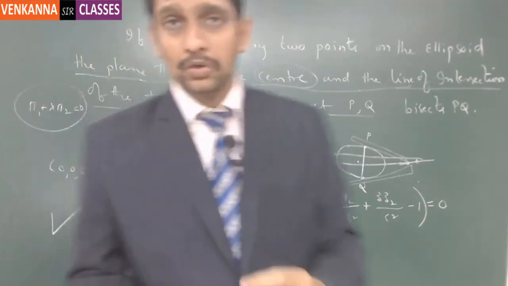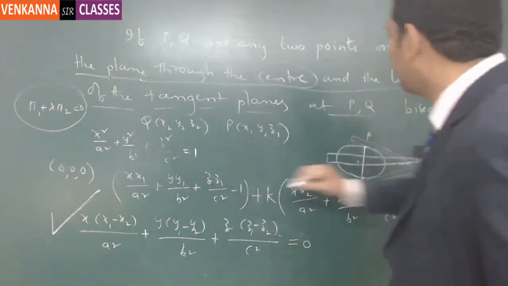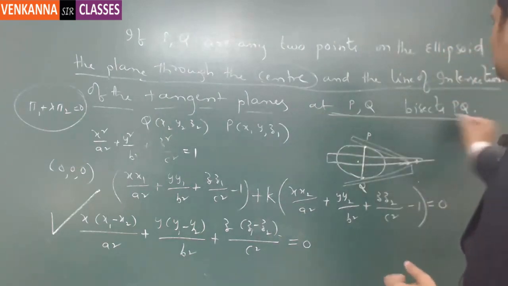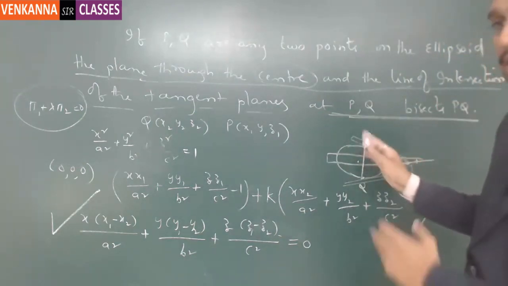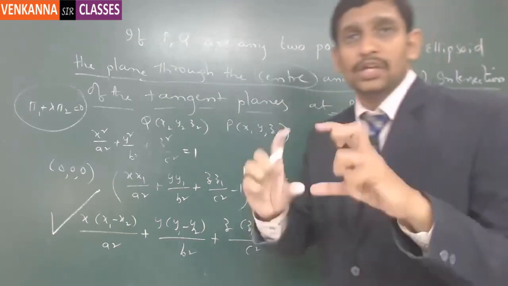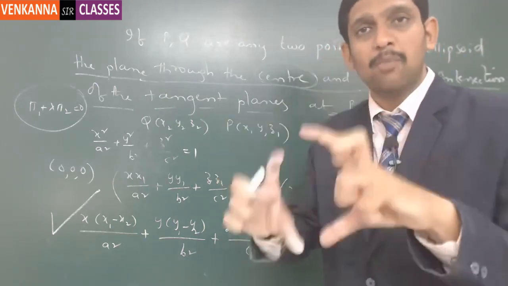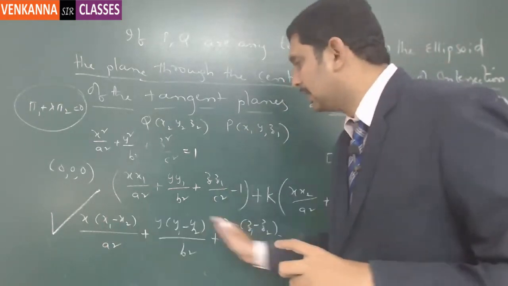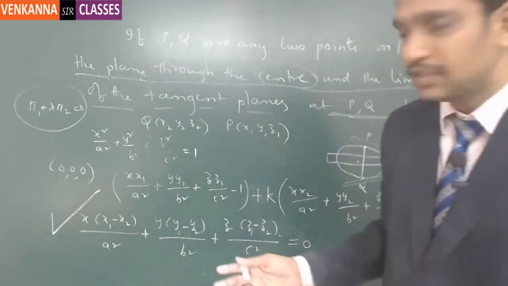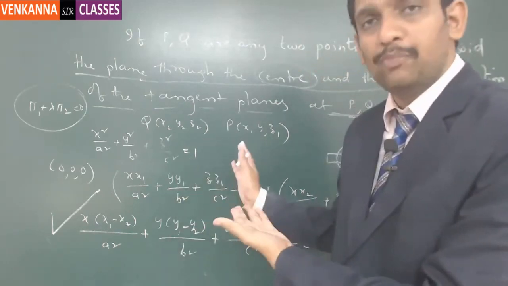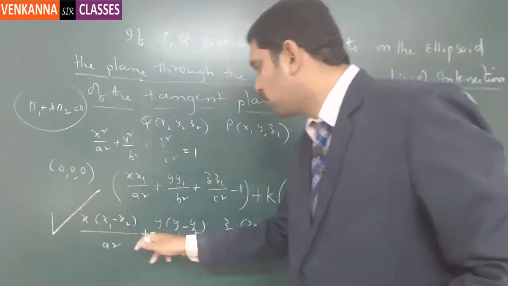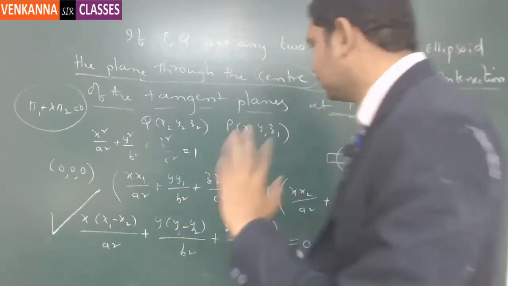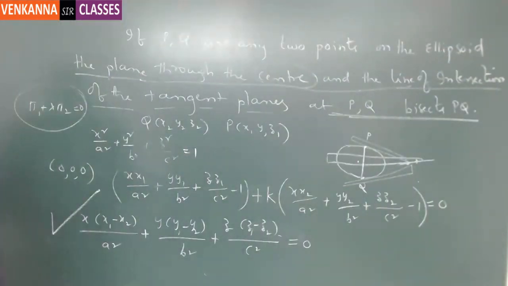Now what I need to do is show that this plane bisects PQ. As we discussed earlier, if you take the midpoint of PQ, the midpoint of PQ lies on it. In other words, if you substitute the midpoint of PQ in place of x, y, z, you should get 0. Are you getting the thought?